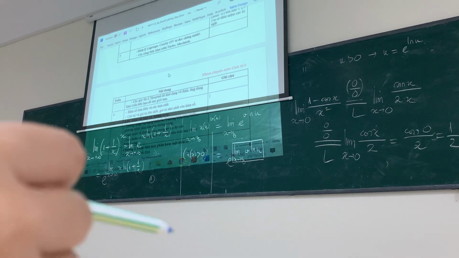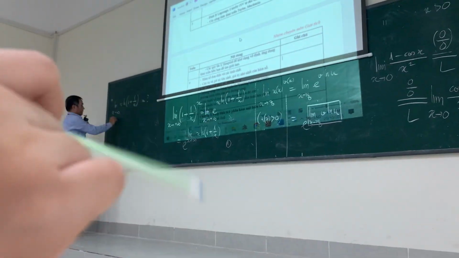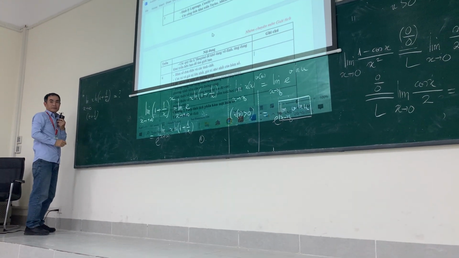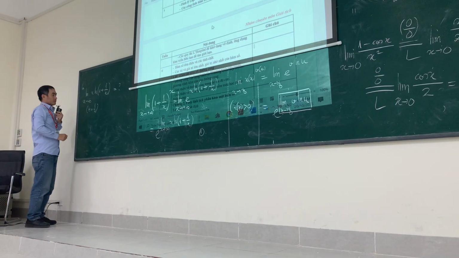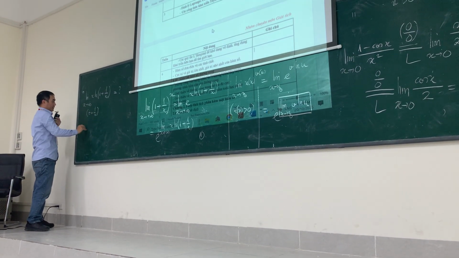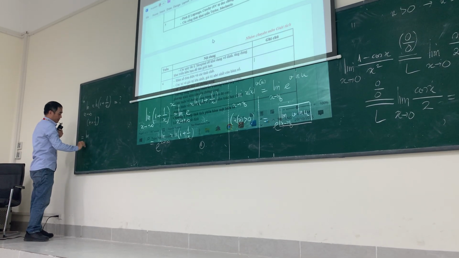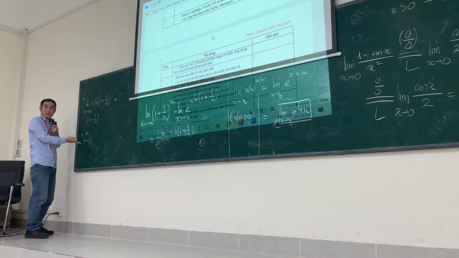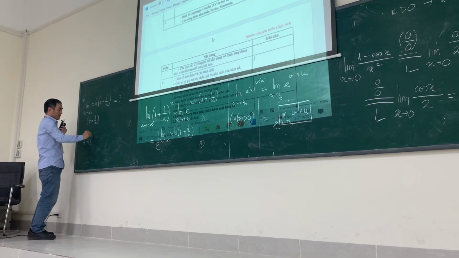I think we take substitution. We take the t equal 1 over x. Okay? We have the limit here. It becomes the limit t tends to 0. T tends to 0. X equal by t.